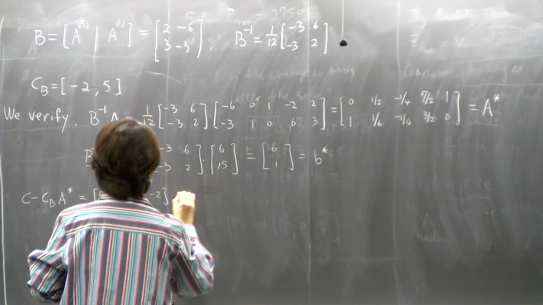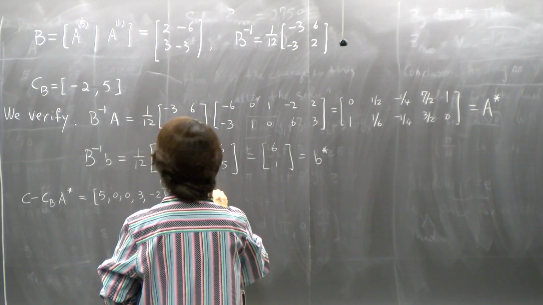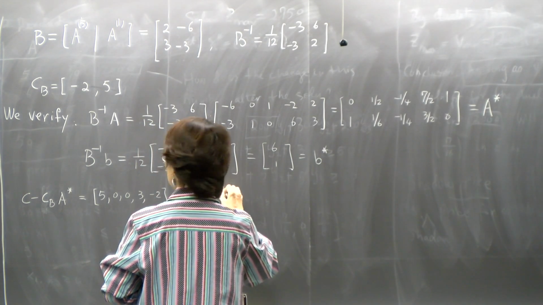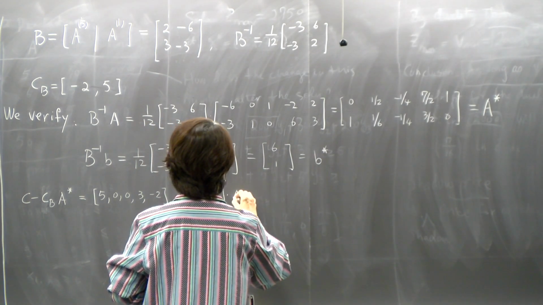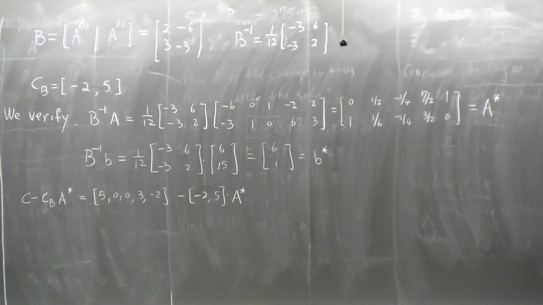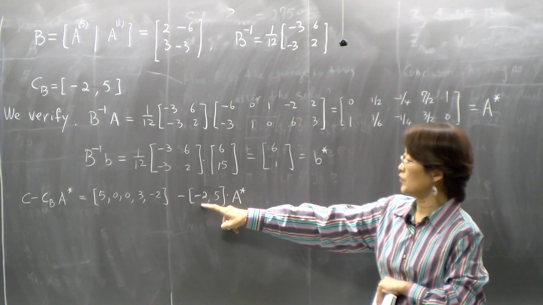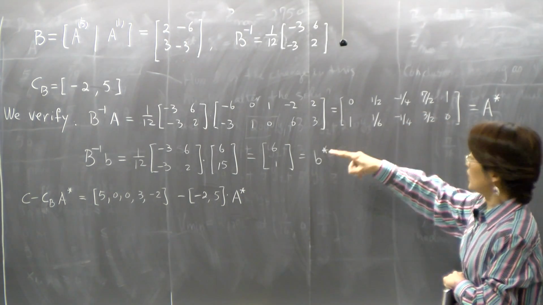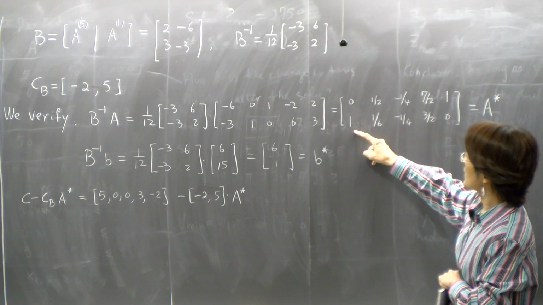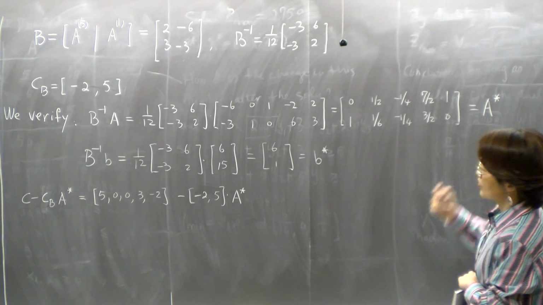That's my C. Minus C_B; I have it, -2 and 5. And then I need to multiply this with this A star, which is here. You see this is a row vector of 2 entries. So you will have that one, dot product this vector, that's the first element, and dot this vector, the second, and so on and so forth.